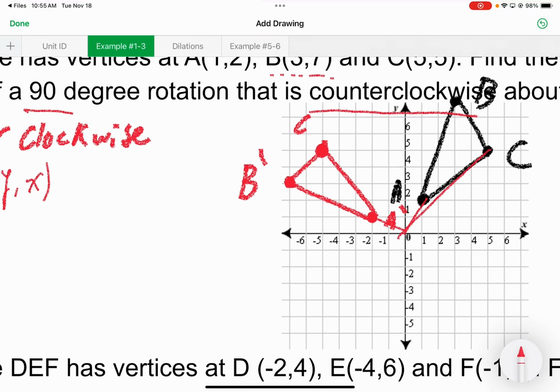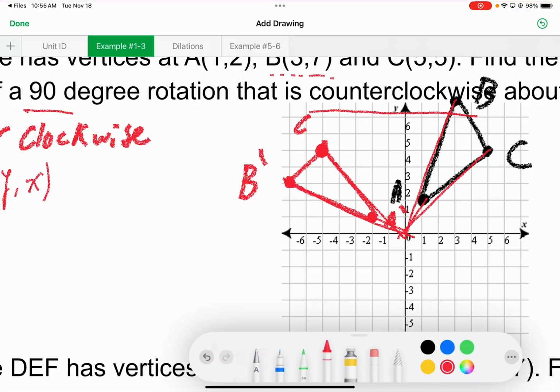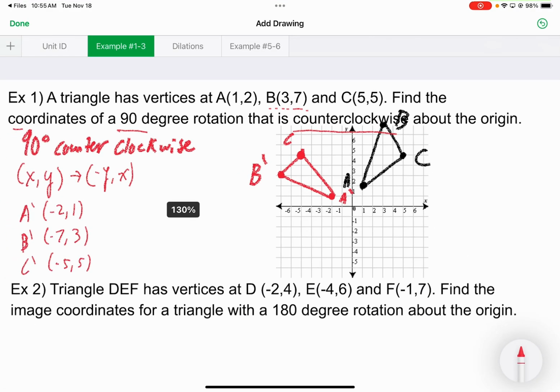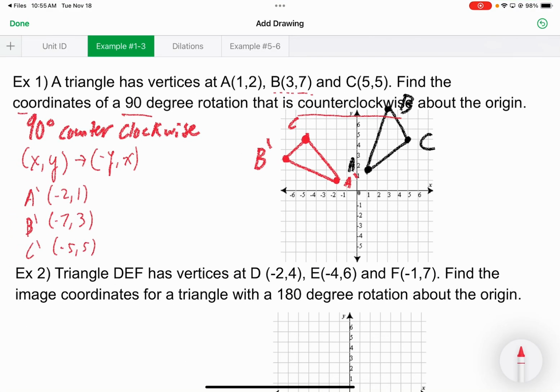Should. From here to there, that one's a little tough to see. Does that look like 90 degrees? Should. And then from here to there. Those are all really tough to see, but they all look like 90-degree angles to me. So because of that, I know I did my rotation correctly. Okay? So that's what I want to see. I need those new coordinates. All right? Questions there?